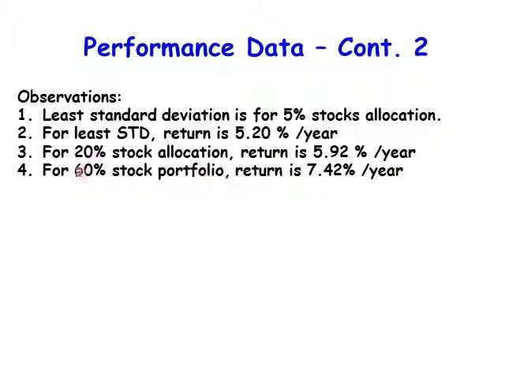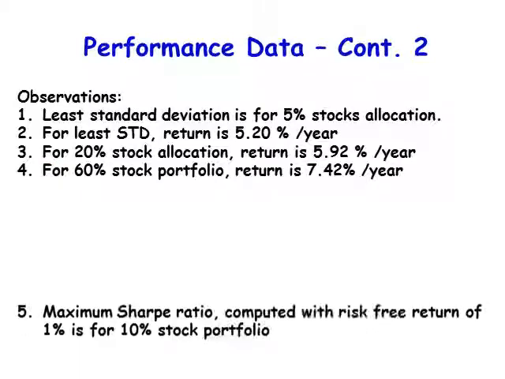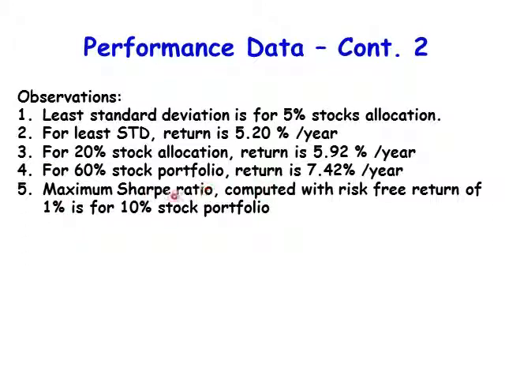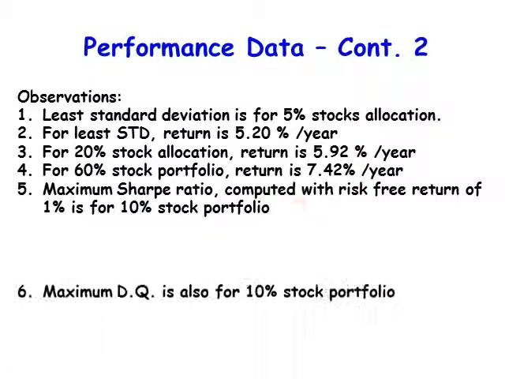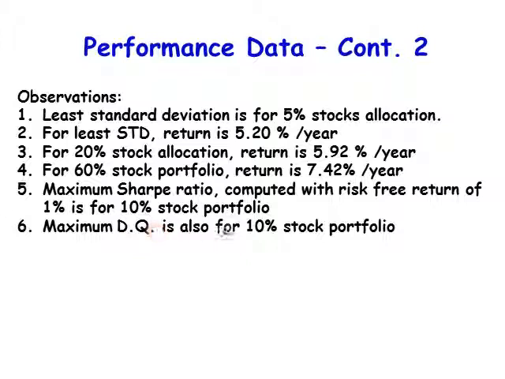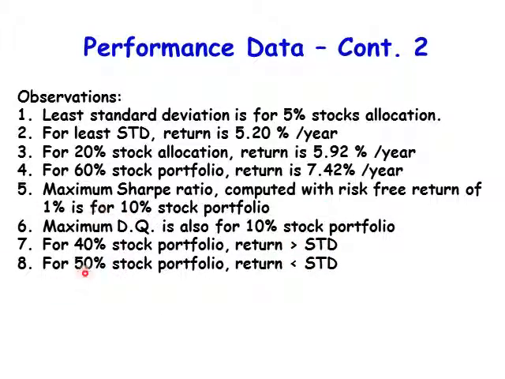That's the data from the table on the previous pages. Maximum Sharpe ratio was for a 10% stock portfolio, and maximum DQ was also for the 10% stock portfolio. At 40% stocks, return was higher than standard deviation. And when I go up in stocks, returns and standard deviation both go up, but return becomes lower than standard deviation.